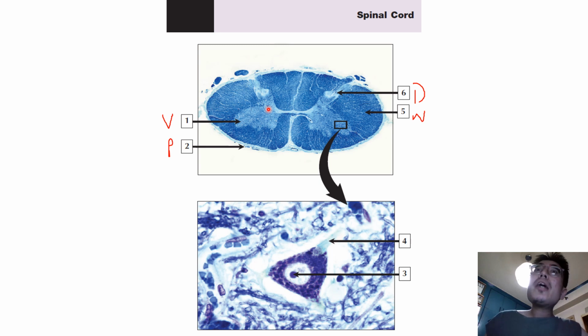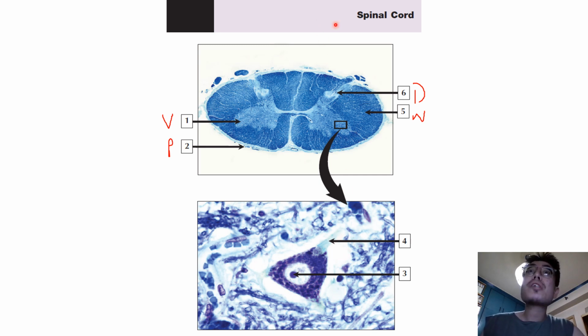The gray matter has two ventral, meaning anterior horns, and two dorsal or posterior horns connected at the center by an isthmus of gray commissures. The cell bodies of motor neurons are easily identified in the anterior horn due to their relatively large size and the Nissl substance within their cytoplasm.